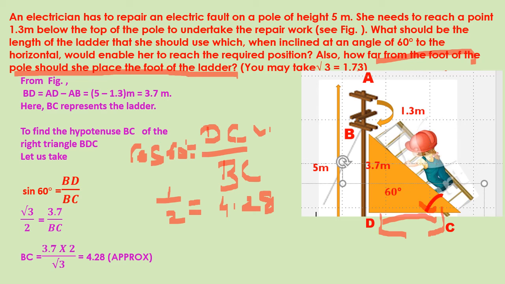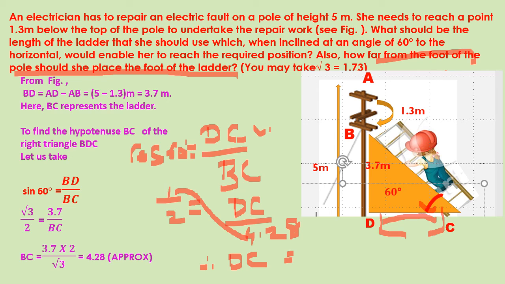Sorry, DC we need to find out, and BC we already found out, 4.28. Therefore, DC is equal to, just cross multiply, bring this 4.28 to the numerator.